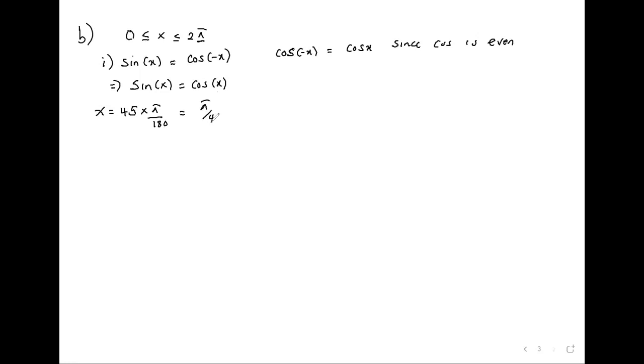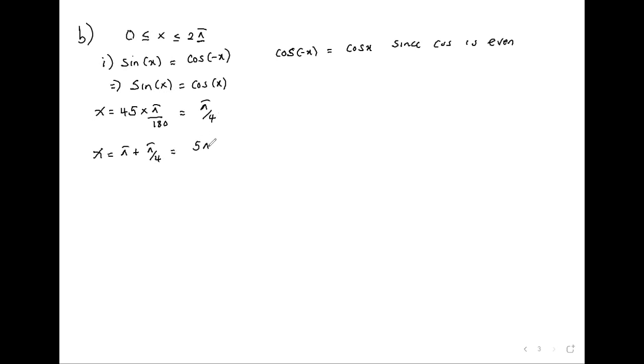Where else is sine equal to cos? They are also equal in the third quadrant. That's why they will both be negative. So I follow up in the third quadrant and say x is equal to pi plus pi over 4. Remember 180 plus 45.